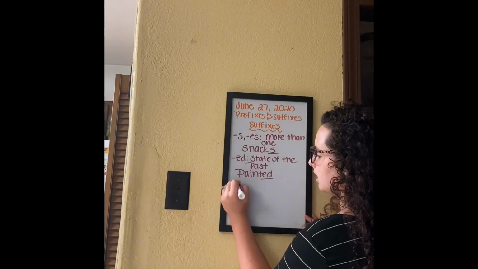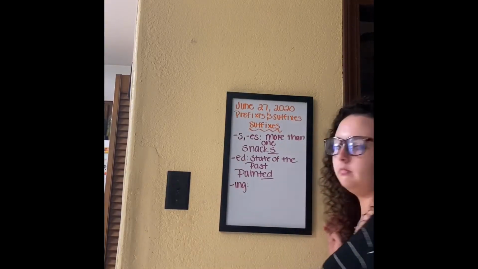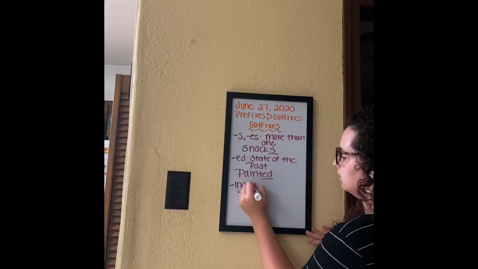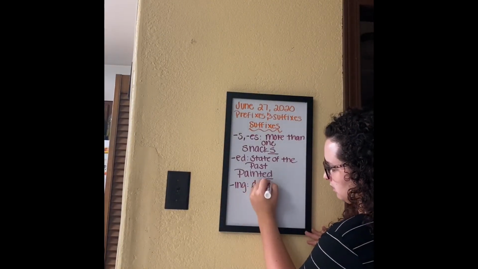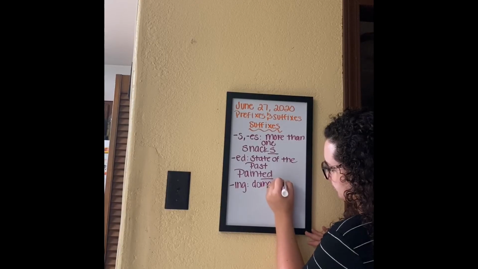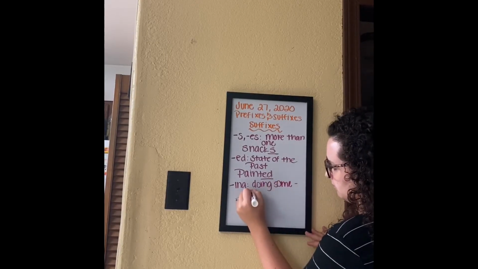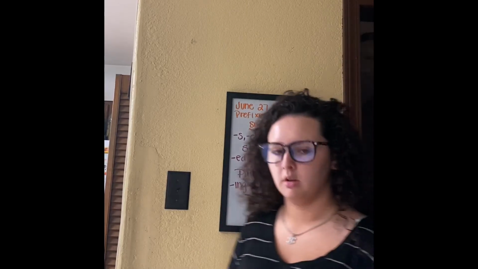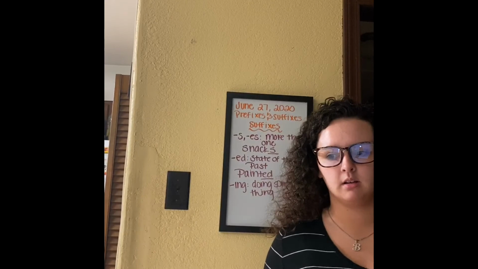The next one is ing. So ing. This means you're doing something, right? So what are y'all doing right now? You're writing, right? You're not just write, you're writing. And y'all are learning. Y'all have these big thinking caps on.